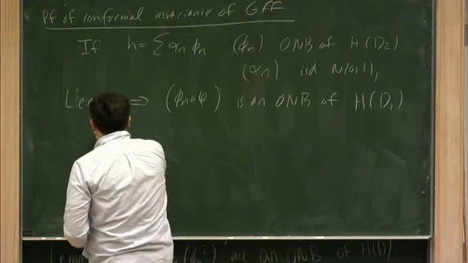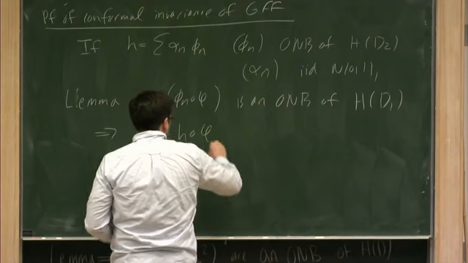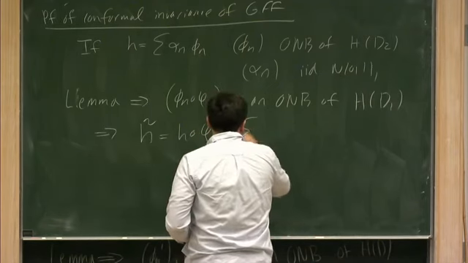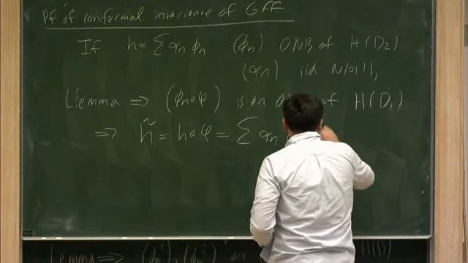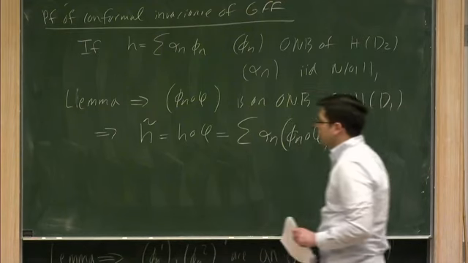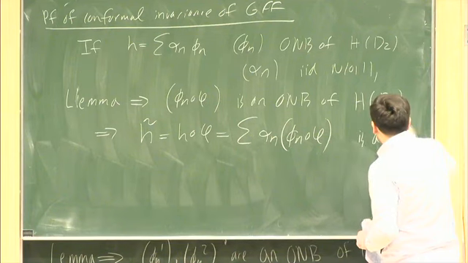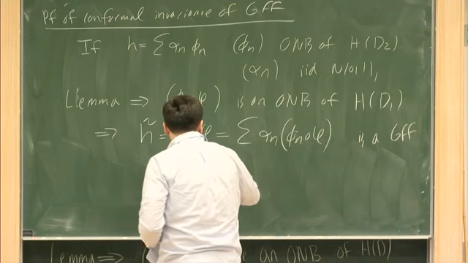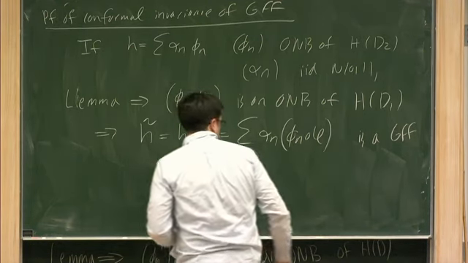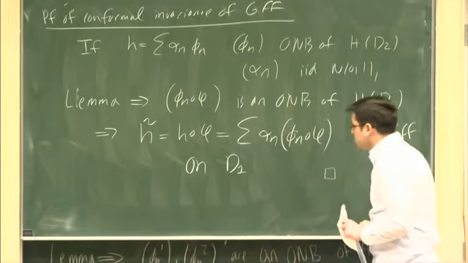And so h tilde, which is given by h composed with phi, can be expressed in the usual way for a Gaussian free field on D1. Okay, and that's how you show the Gaussian free field is conformally invariant.